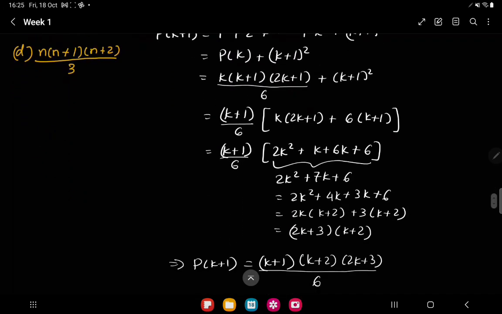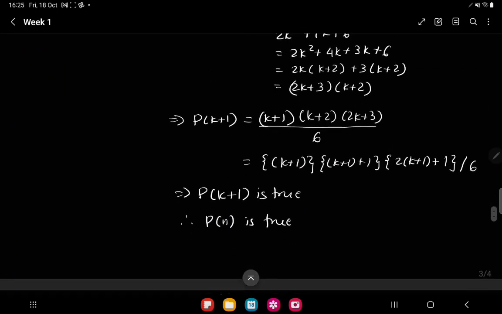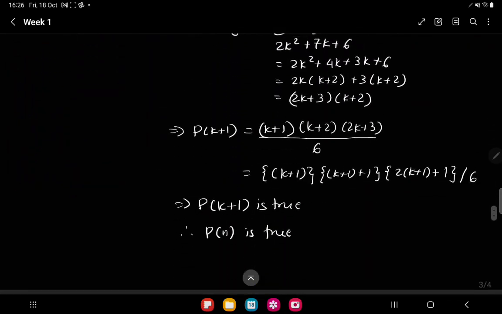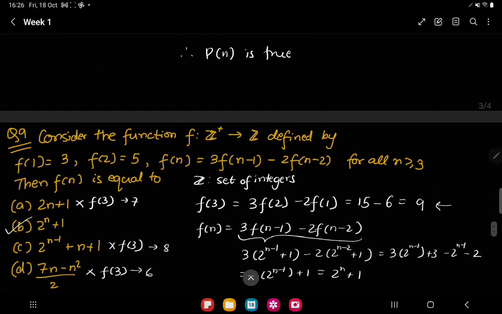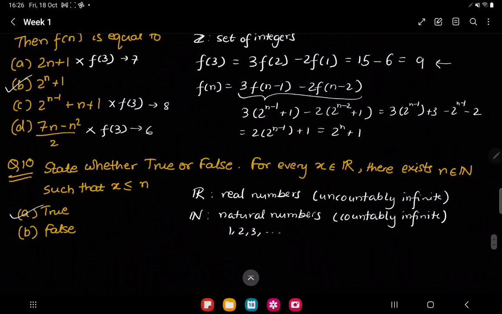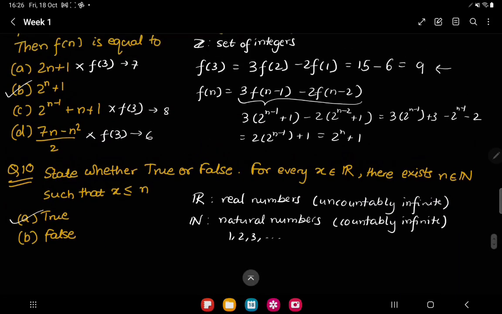And if it is true for 1, 2, 3, so on and so forth, and for k plus 1, then it will also be true for k. And that's how the method of proof by induction works. Okay, so that was about week 1.